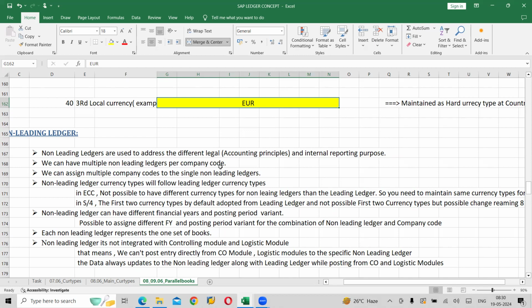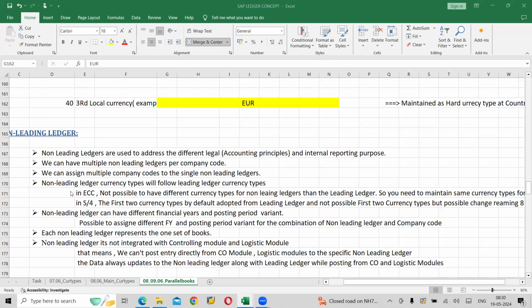There is no limit. So do non-leading ledgers get assigned by default, or do we need to assign? We need to assign. Leading ledger? No need to assign, correct? Yes.